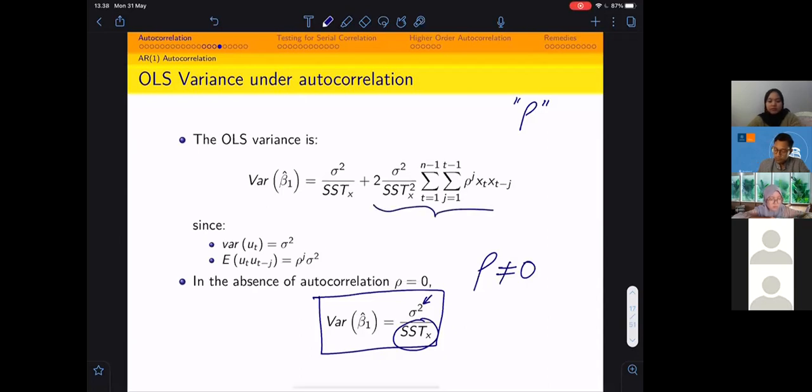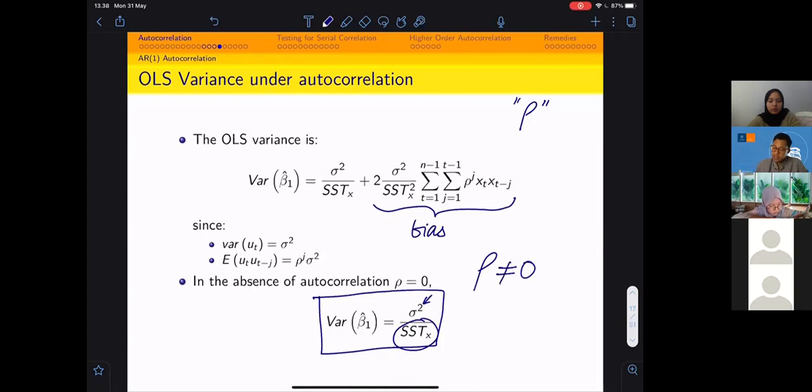So this is going to be the bias if there is serial correlation in the data. Now, the issue is that we never know whether the bias is downward or upward. Why is that the case?